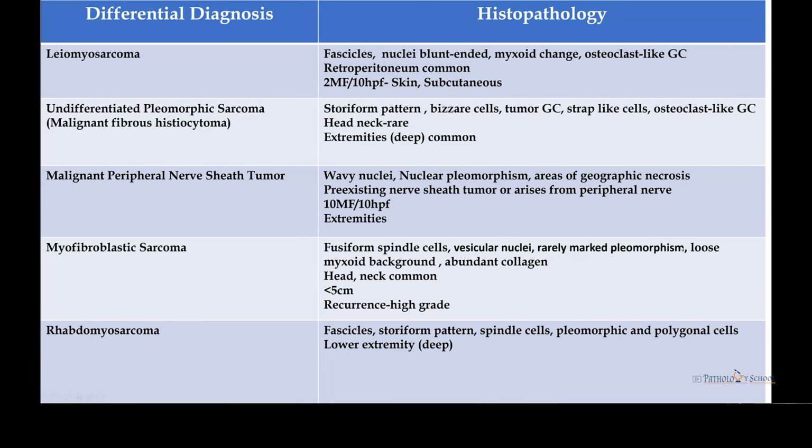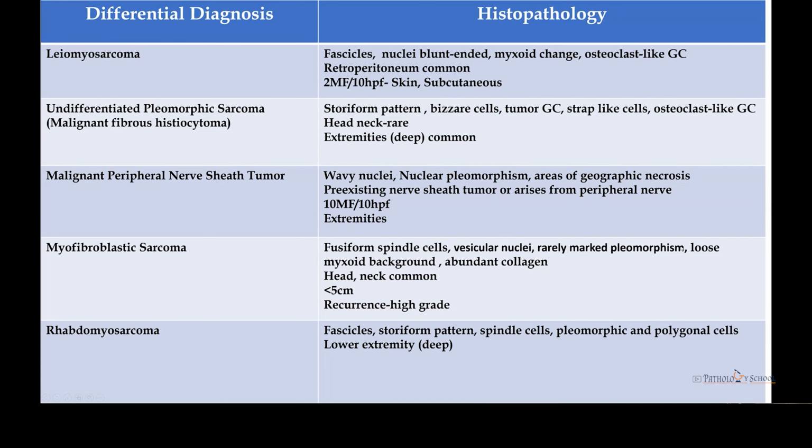We also ran some immunomarkers. Vimentin was positive. SMA was also positive, and this SMA showed diffuse cytoplasmic block positivity. S100, desmin, and myogenin were negative in our case. We did not find any focal positivity.